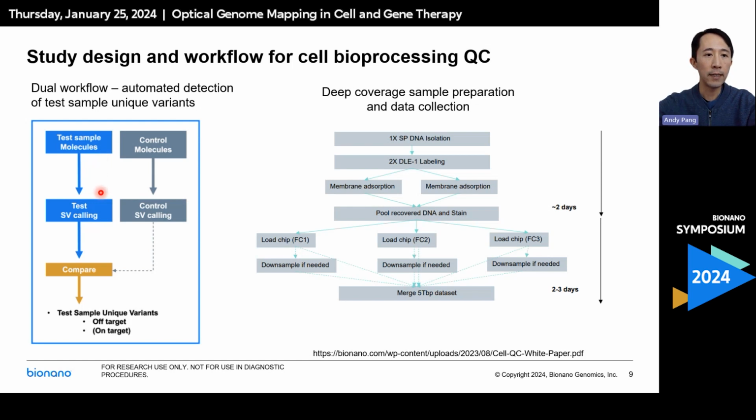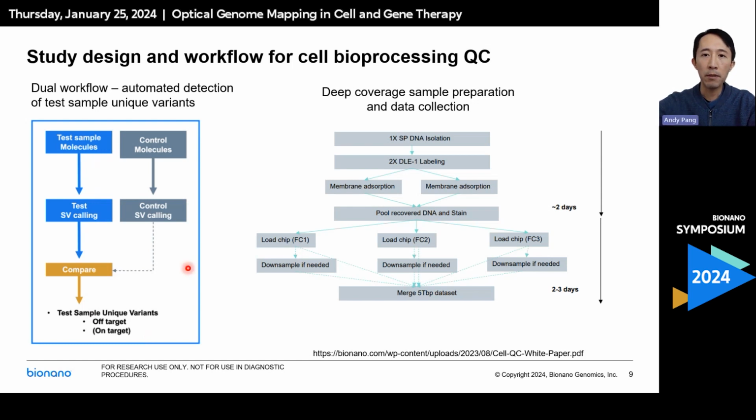After you collected the data, you will call structural variants for both the samples, and run the dual variant annotation pipeline to compare the two call sets in order to identify variants that are unique in the test sample and not in the control, as those could represent the off-target rearrangements as well as the on-target inserts or edits.